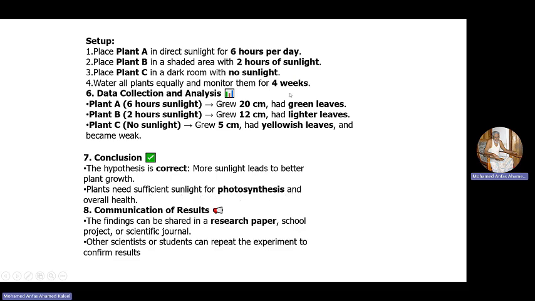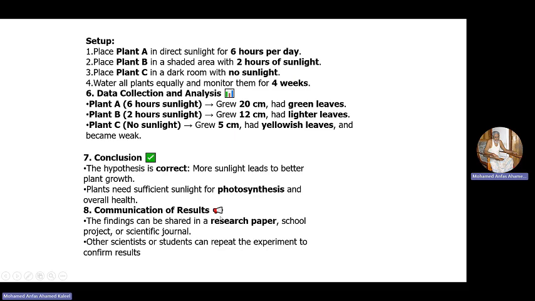That's why we put plant A in direct sunlight and plant B in a shaded area. Plants need sufficient sunlight for photosynthesis and overall health. So the hypothesis is correct: more sunlight leads to better plant growth.